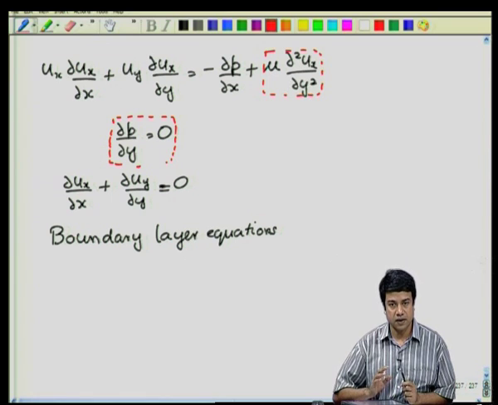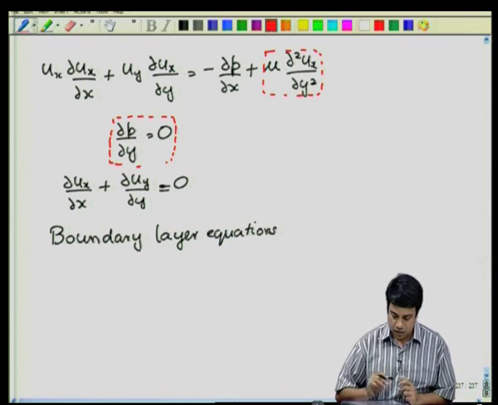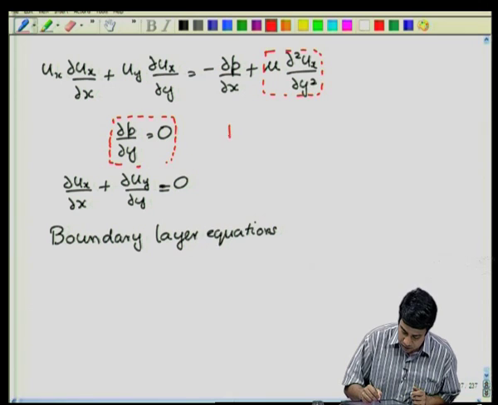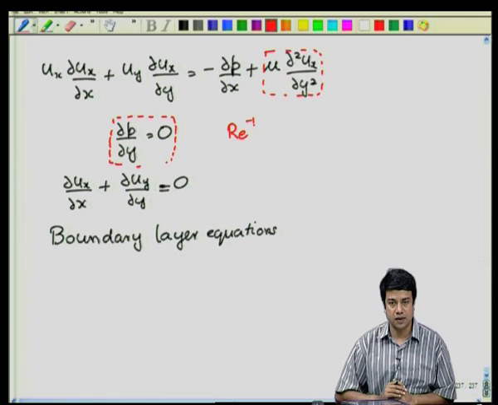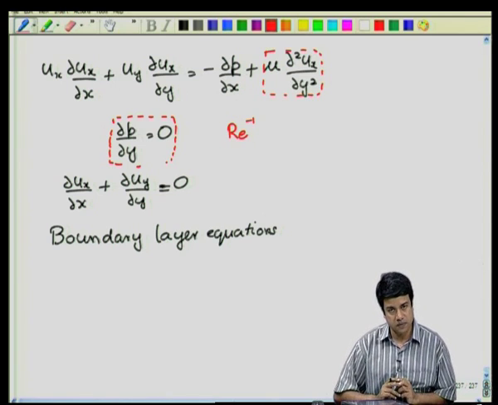Therefore, there is nothing to balance the pressure gradient in the cross stream direction, and in the leading approximation you always find that it is equal to 0. The terms neglected here are Re inverse smaller than the term that is retained.